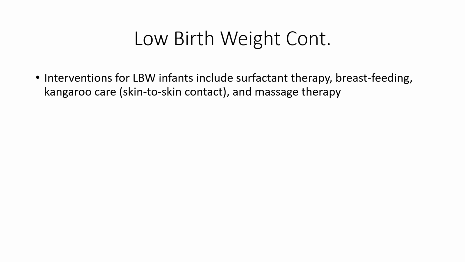So what do they do in cases of low birth weight infants? They can do surfactant therapy. This is where the baby is pressed up against skin. This gets skin contact with kangaroo care, breastfeeding, because breastfeeding has more nutrients than bottle feeding, and massage therapy to help the body start to develop.